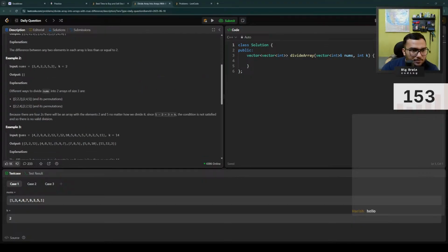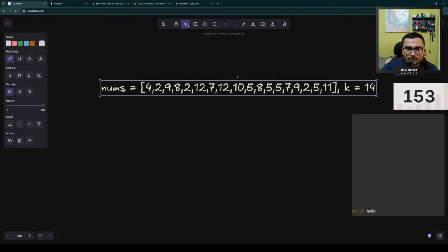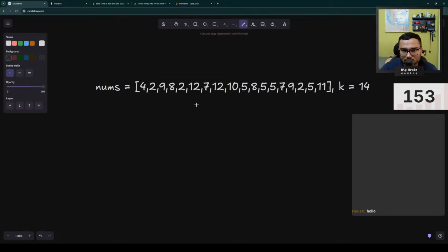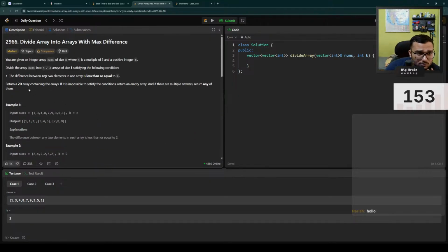Okay, let's get this bad boy here. Excalidraw, paste. So we have a bunch of numbers here. We can sort them or we don't, it's up to us. The difference between any two elements in one array is less than or equal to k.